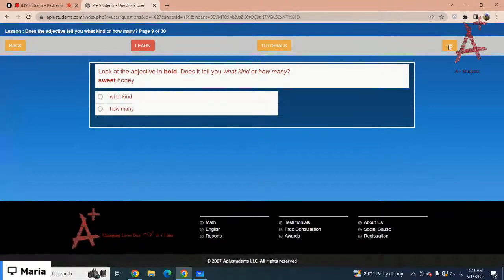Okay, the next one is sweet honey. What kind or how many? Which is the correct option? It would be what kind? Got it?